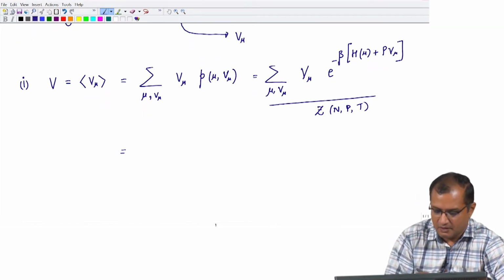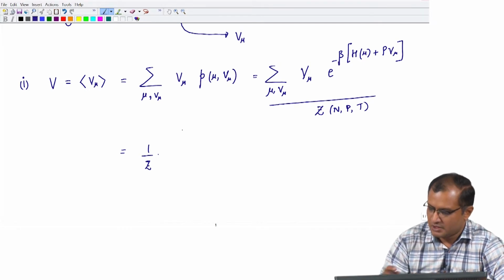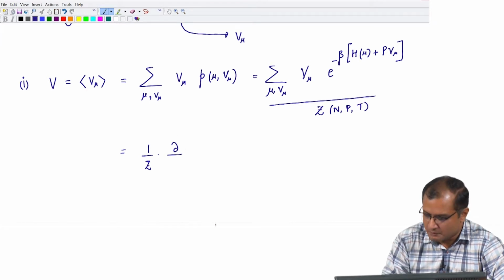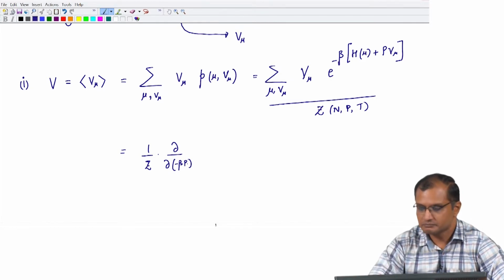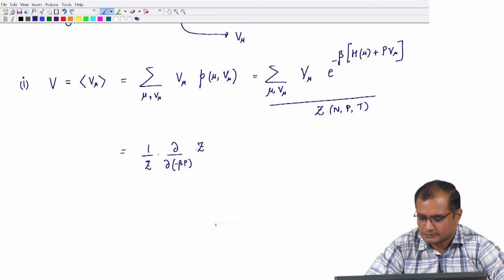So, I can write this as 1 upon Z, and to pull out a V mu, all I have to do is take a derivative with respect to minus beta P of the Gibbs canonical partition function.